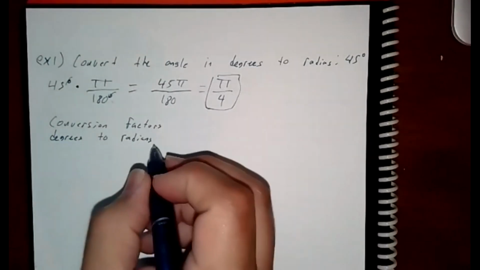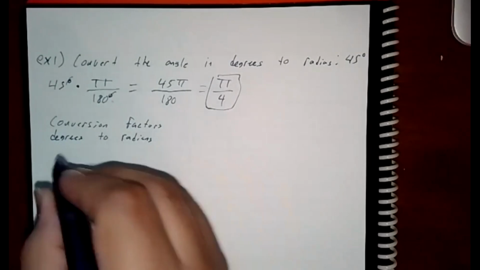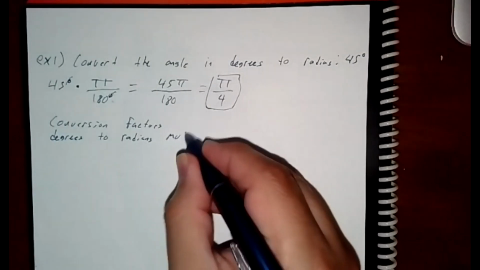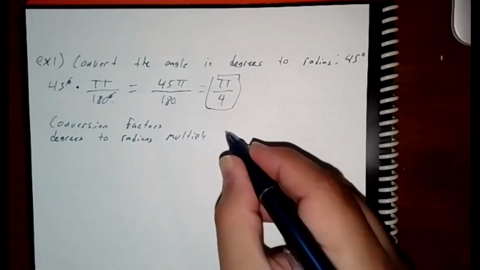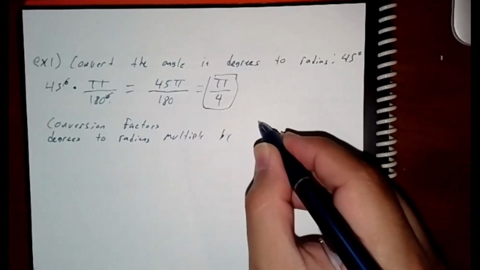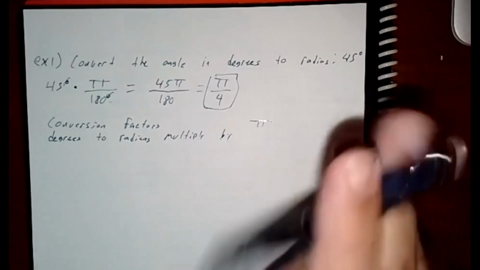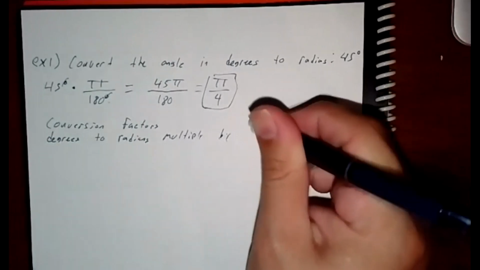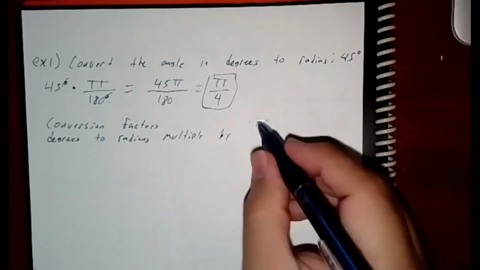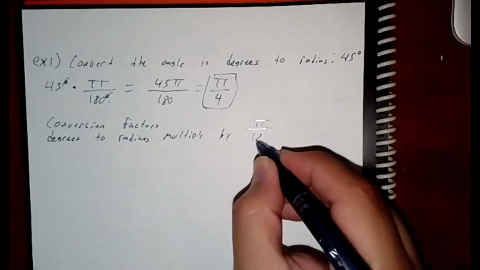So to go from degrees to radians, you have to multiply by pi over 180.